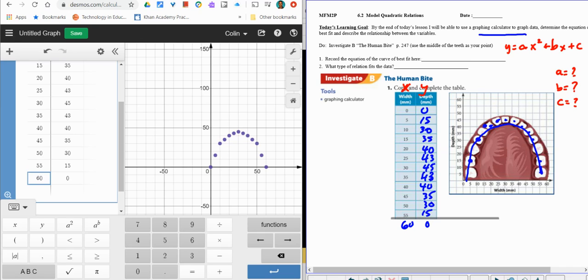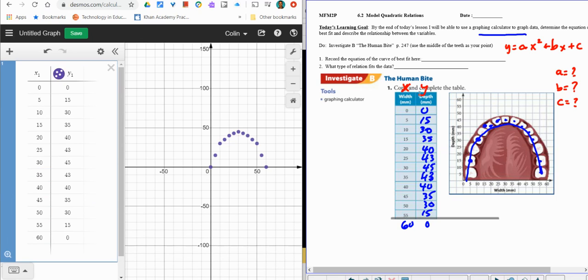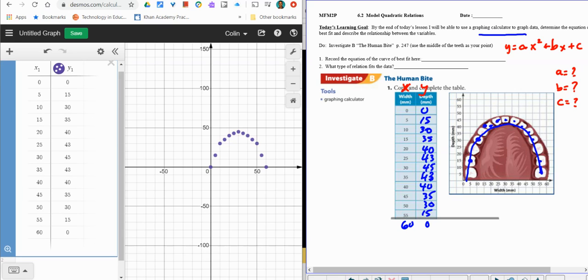Okay. This is what we want to do then. It's really important that they call this x1 and y1. That's going to make what we do in the next line really important. We're going to do what's called a regression. So let's write that somewhere. We need to do a regression.